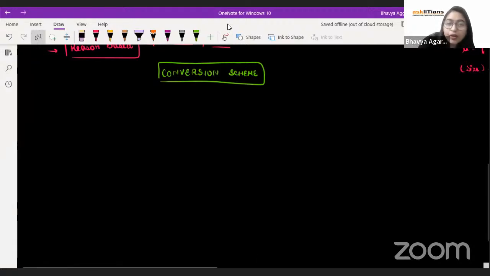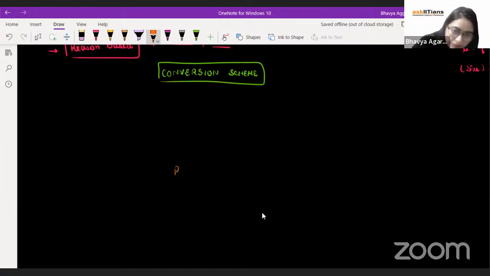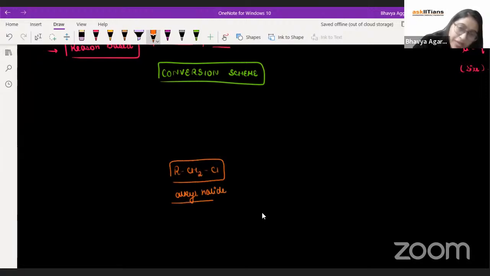Now, I'll talk about the next thing, and that is your general conversion scheme. If I talk about any alkyl halide, for example, this is my alkyl halide. The best part about this is, if I have to do any sort of conversion, how can conversion mean converting one functional group into another?